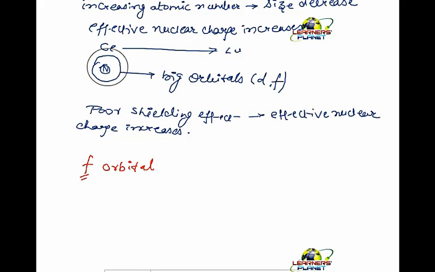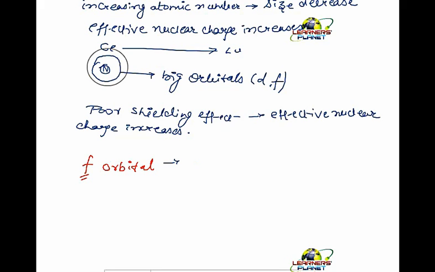No. Cerium will have 5d1, 4f1, sorry, 6f1. Likewise, lutetium will have f2. Likewise, the electrons are moving in the f orbital.